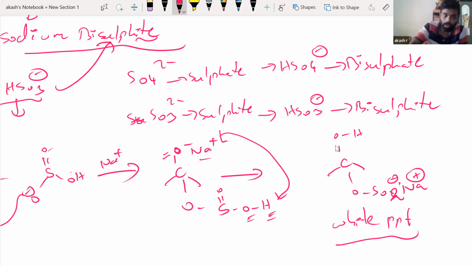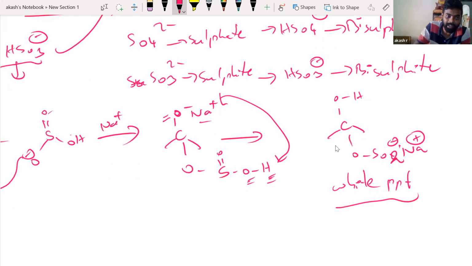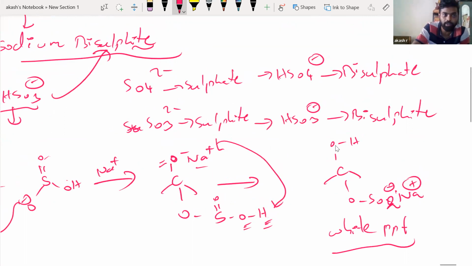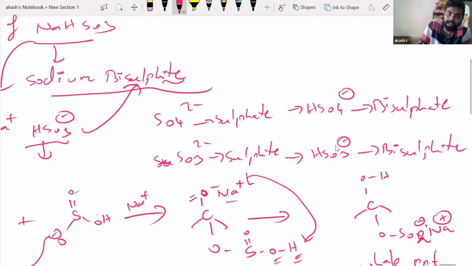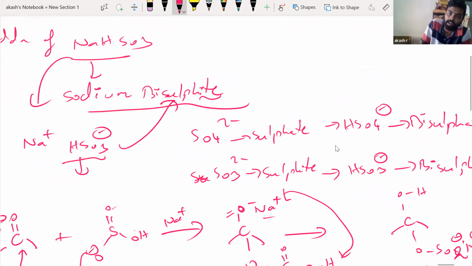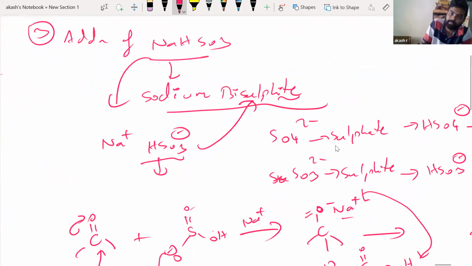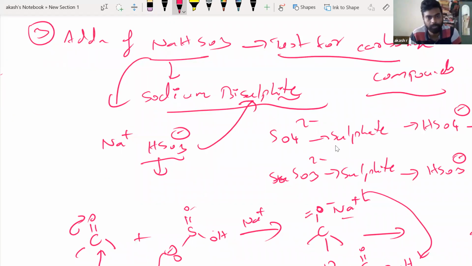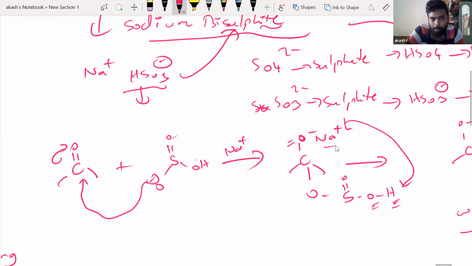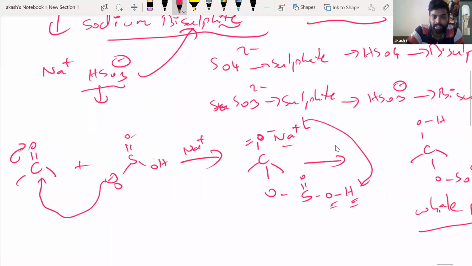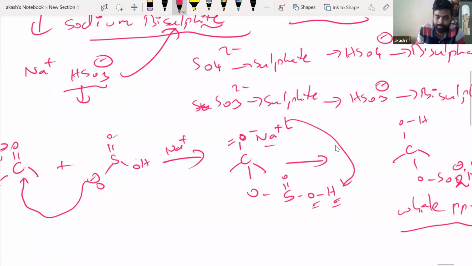So this particular reaction, addition of sodium bisulfite, can be a test for carbonyl compounds. Why? Because if I have a carbonyl compound, a bisulfite addition reaction takes place and you are going to form a white precipitate.